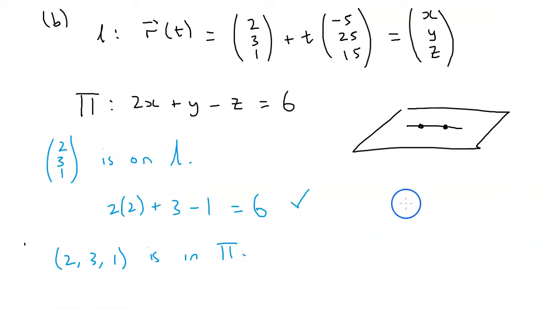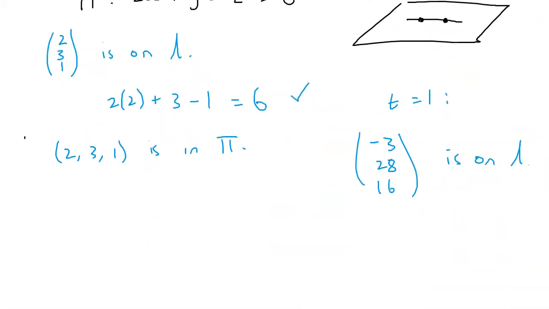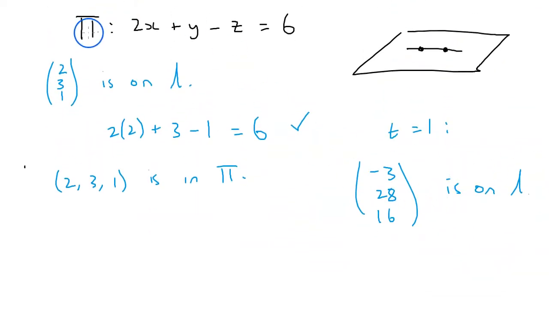And this time we can take t equal to 1. So if t equals 1, then we get the points 2 minus 5 is -3, 3 plus 25 is 28, and 1 plus 15 is 16. So this point is on L. And we can check if it's in pi by seeing whether it obeys this Cartesian equation here. 2 times -3 plus 28 minus 16 does indeed equal 6.